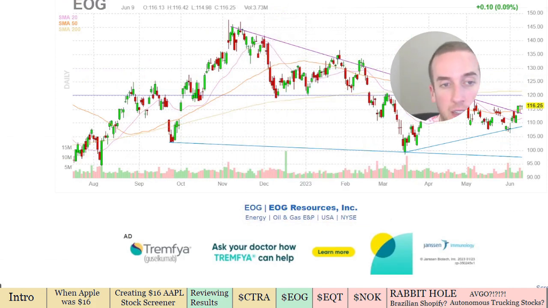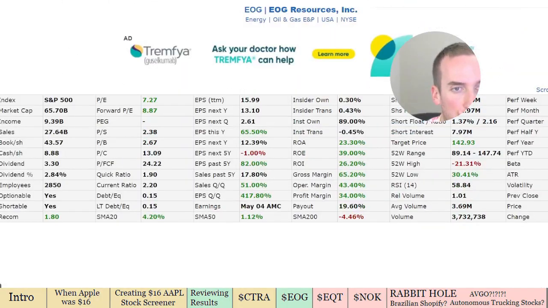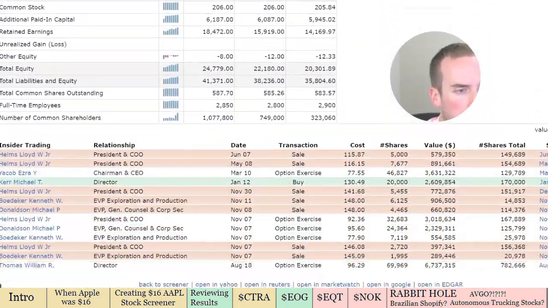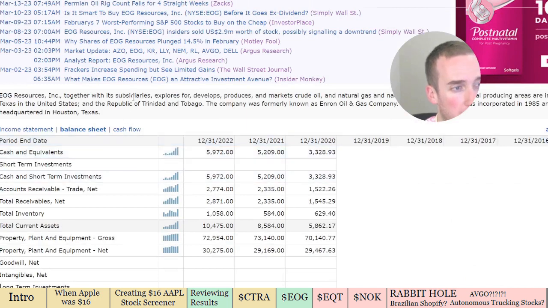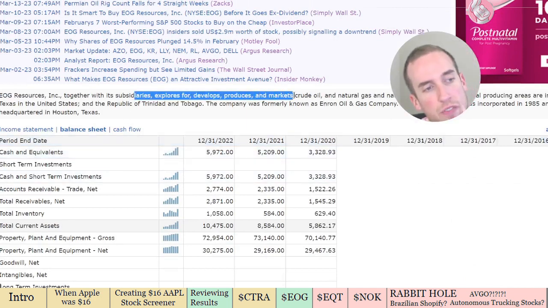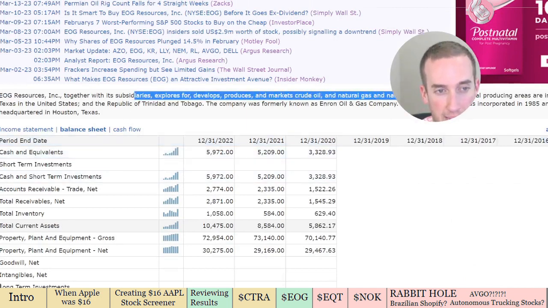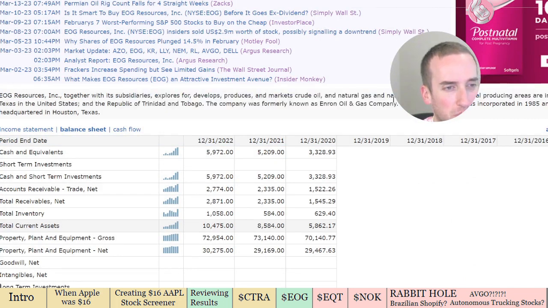I like this. It is an oil company. So they do explore, develop, produce crude oil, natural gas. Wow, the company was formerly known as Enron. Wow.